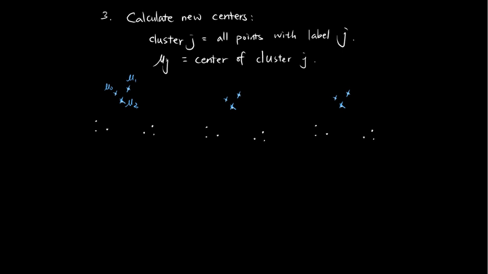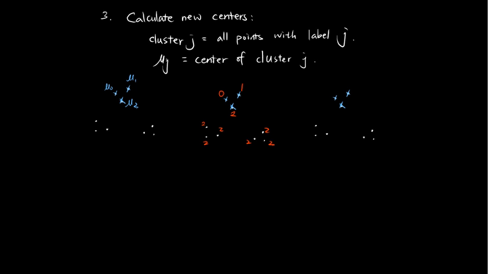You will see that this point is closest to mu2. All the points are closest to mu2 except for this one. So we are going to label all the points by their closest center. This one is closest to 0. This one is closest to 1. This one is closest to 2. And if you look at this group, they are closest to 2, 2, 2.